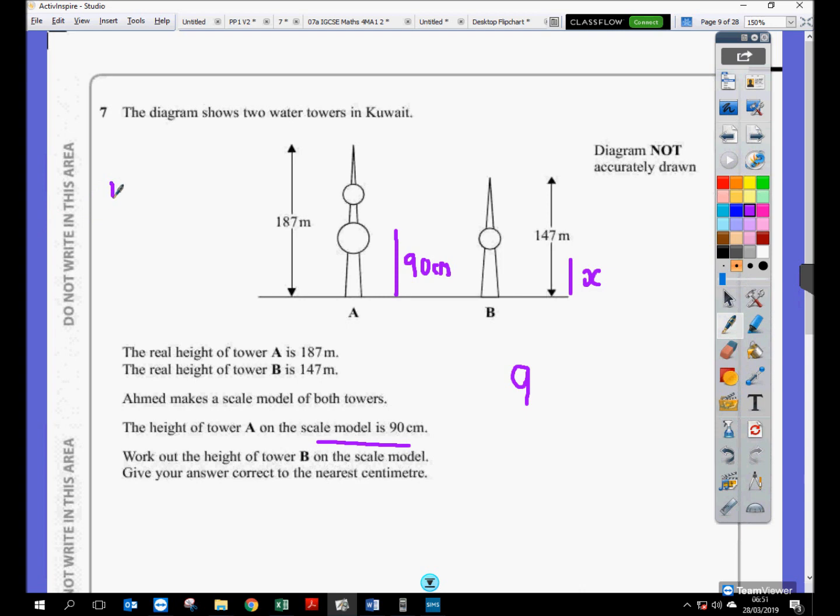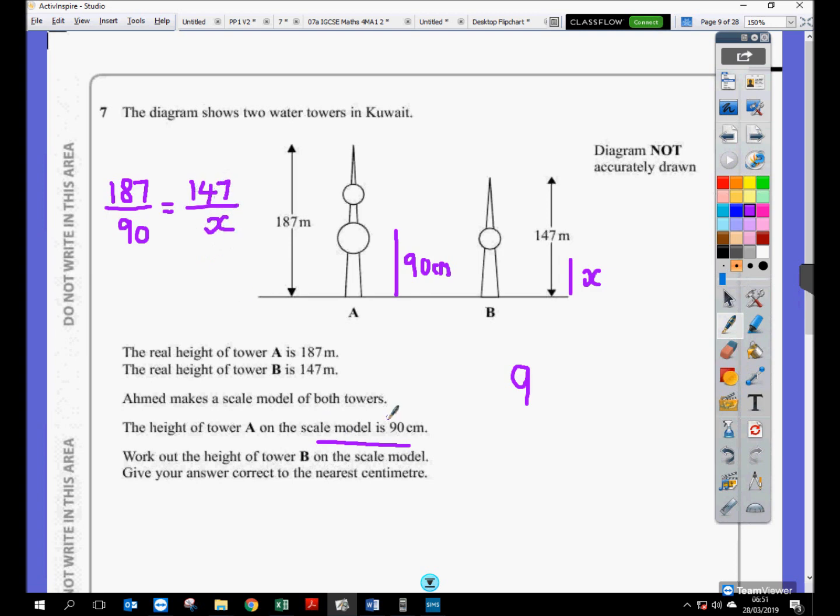Now there's two ways of doing this. We can divide the height of tower A by the height of the model of A, which is 90. We can do the same thing for the other one, because these are scale models and they're related in this way, we can set up these equivalent fractions. So 147 over x.